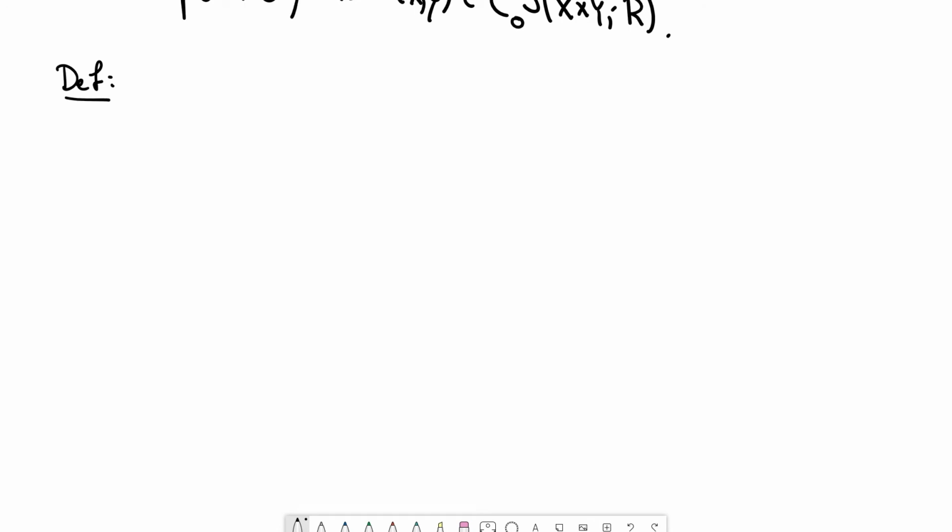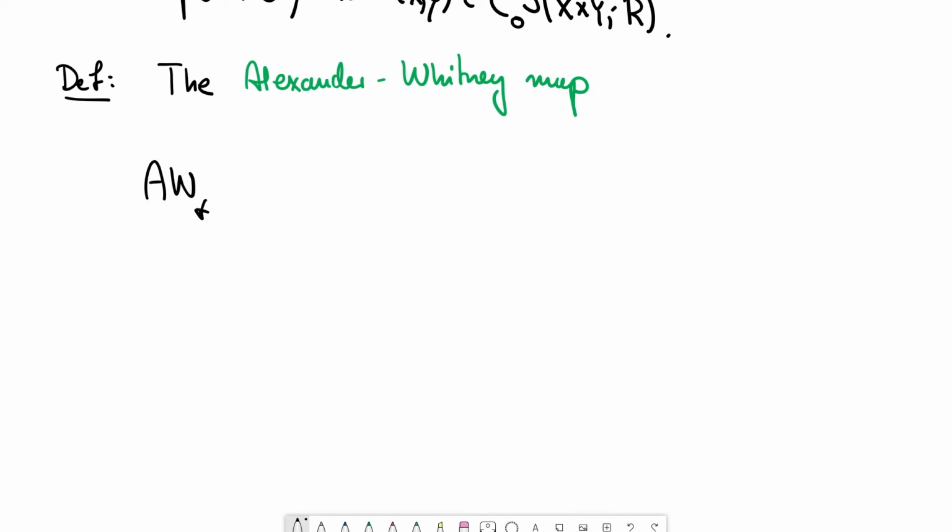And this is the Alexander-Whitney map, AW star, let's call it, from the singular chain complex of the product to the tensor product.